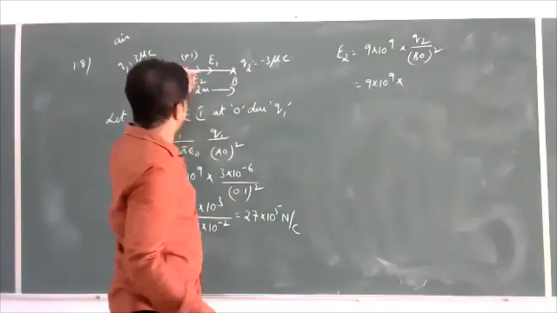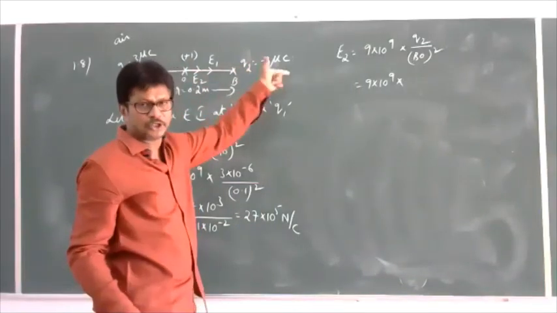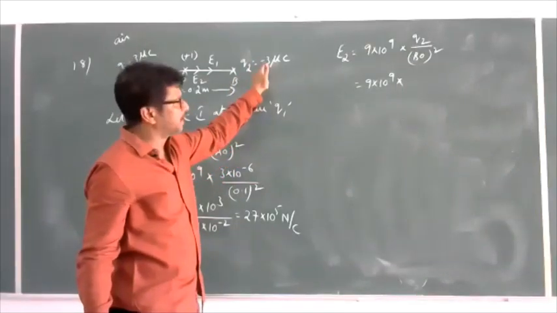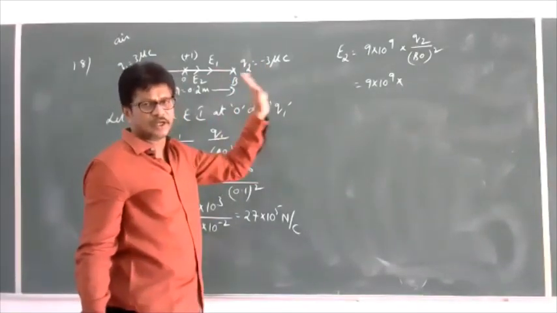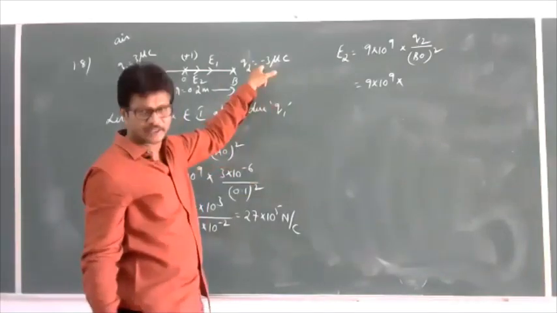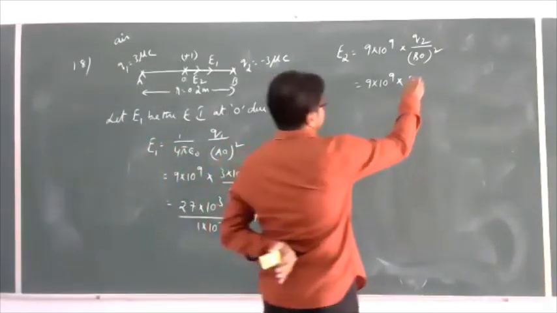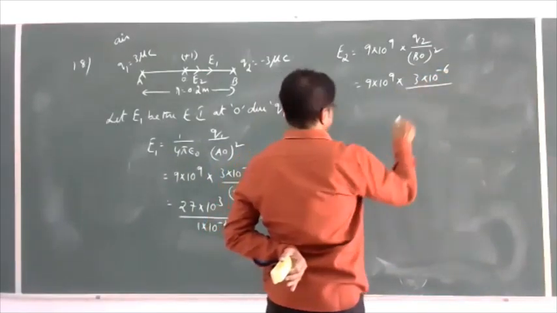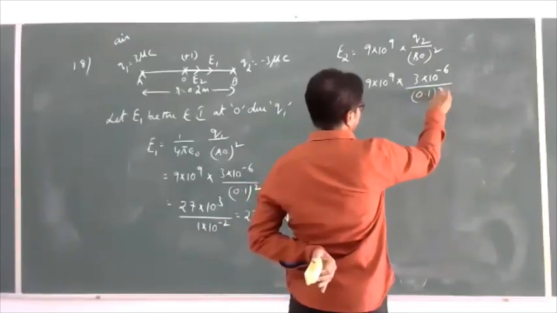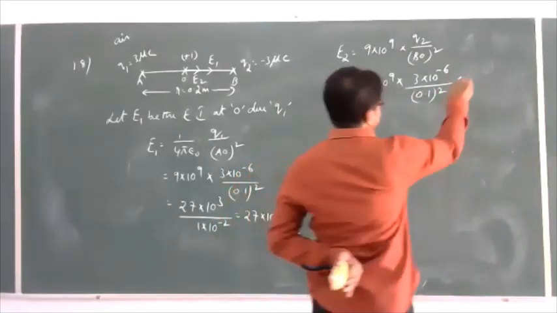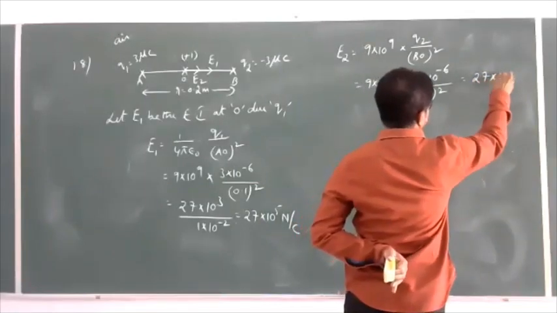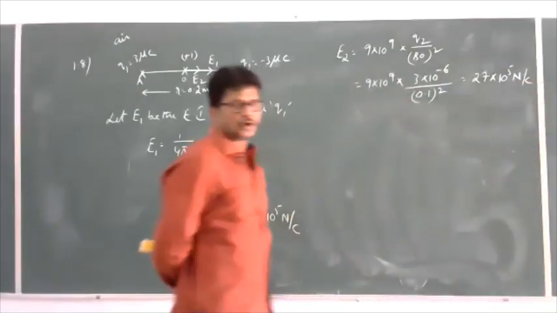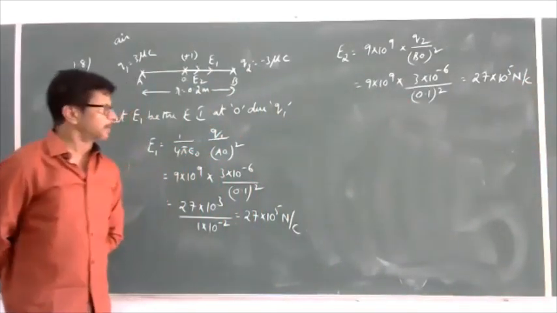Because of that minus symbol only, we got the direction of E2 like this. We already made use of the minus symbol here, so it is not necessary to consider this minus symbol. 3 into 10 to the power of minus 6 divided by 0.1 whole square, which is also 27 into 10 to the power of 5 Newton per coulomb.